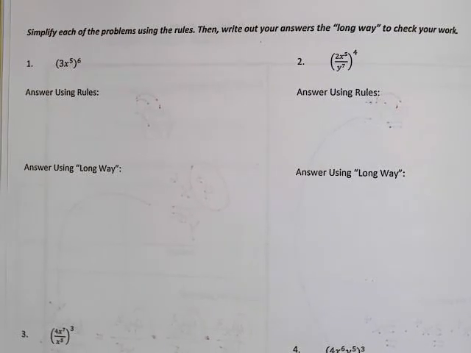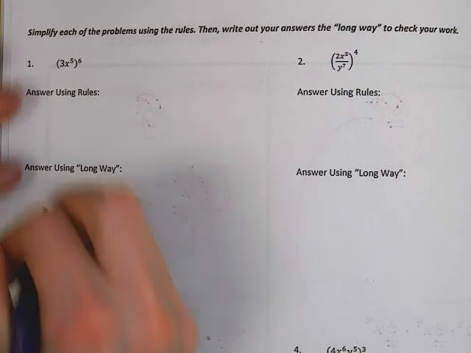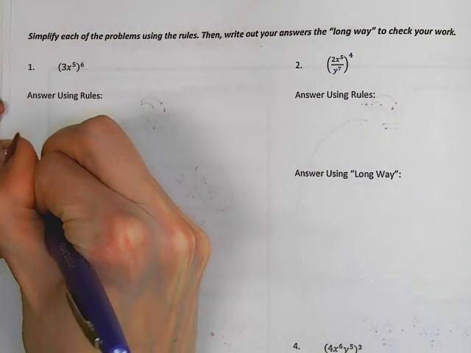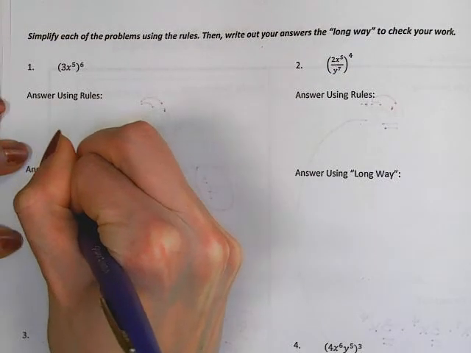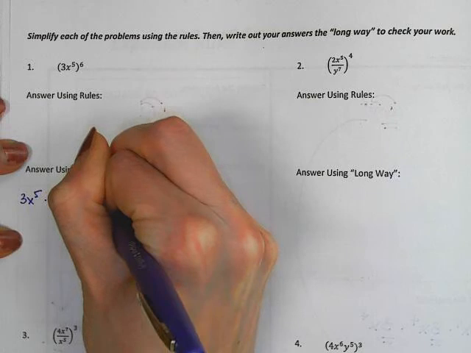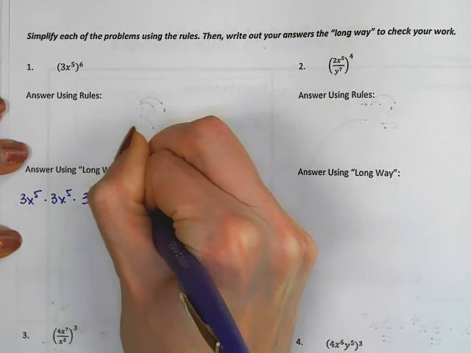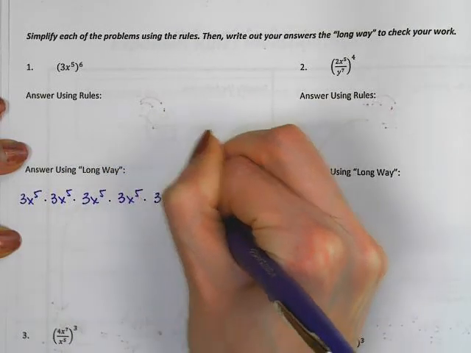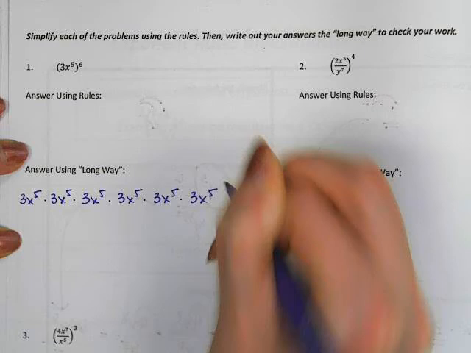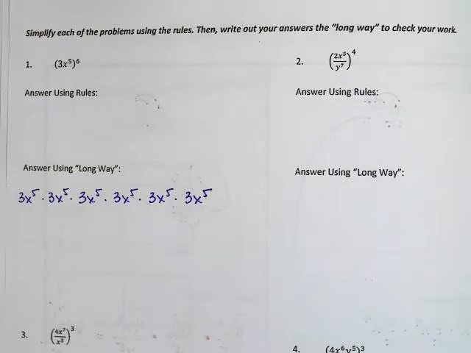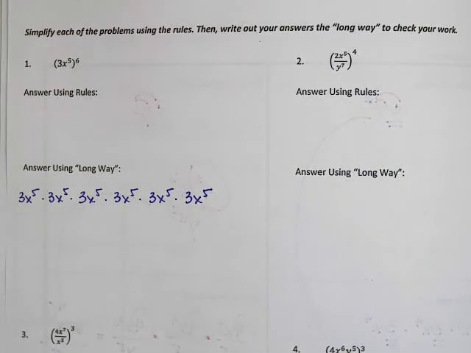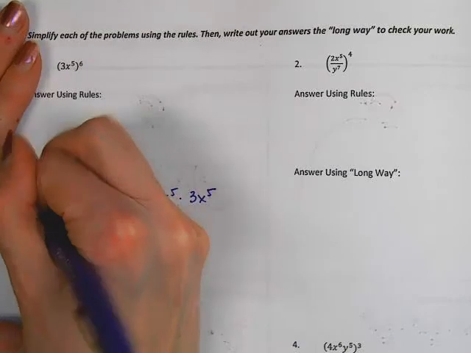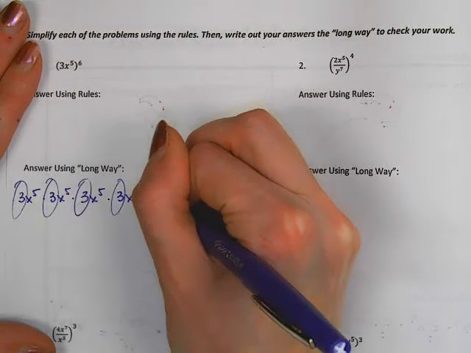So let's do these the long way and the rule way too. Okay, you guys, let's do the long way first on this one. So we have 3x to the 5th, 6 times. So please try to learn the rules, or these problems are going to be long. So the long way: what's 3 times 3 times 3 times 3 times 3 times 3?